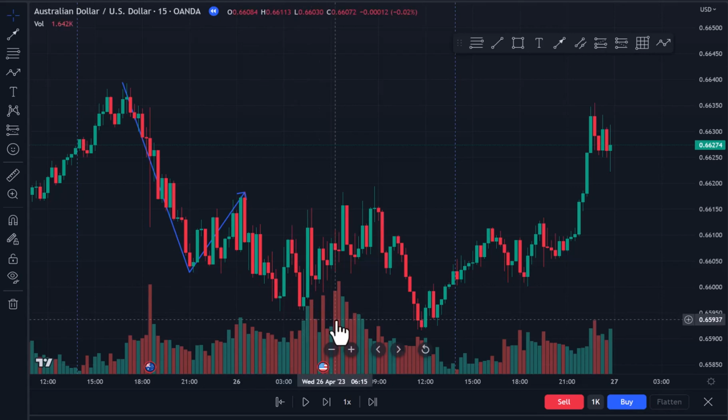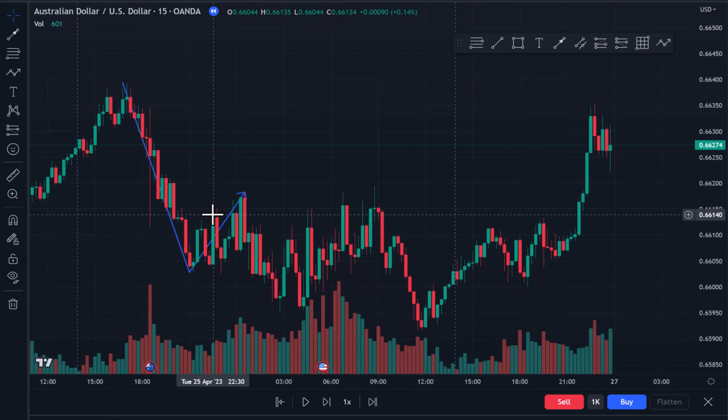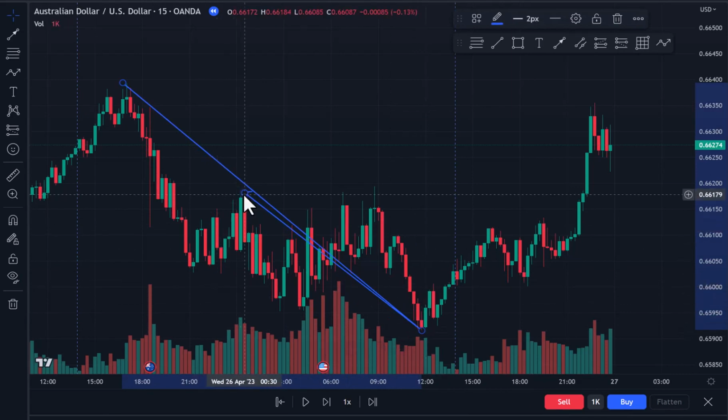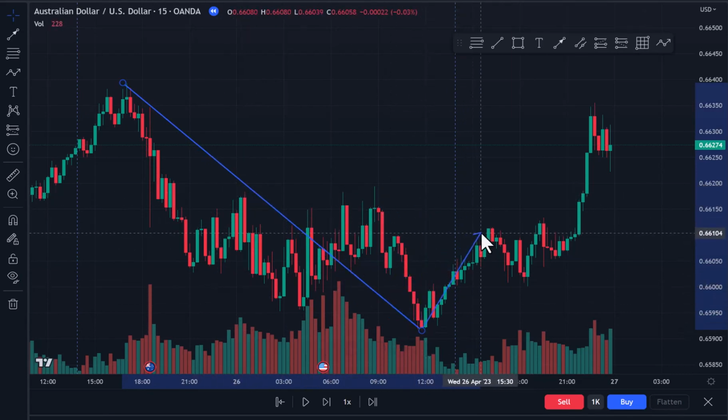Honestly, there's no valid breakout, so we don't really see any kind of real low until here. But then we do see a higher high.